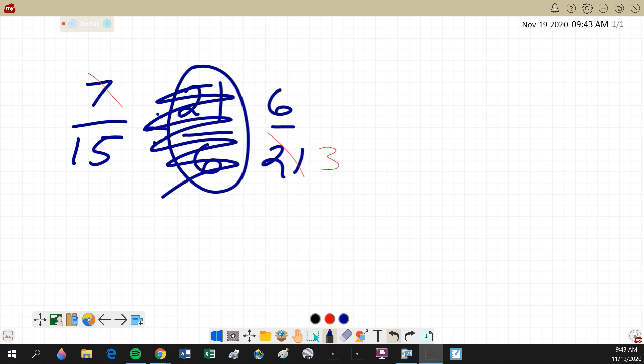Anything else? 3 goes into 6 and 15. So 6 divided by 3 is 2, and 15 divided by 3 is 5. So what's left on top? Okay, 2, and the bottom? 15. You guys understand that?